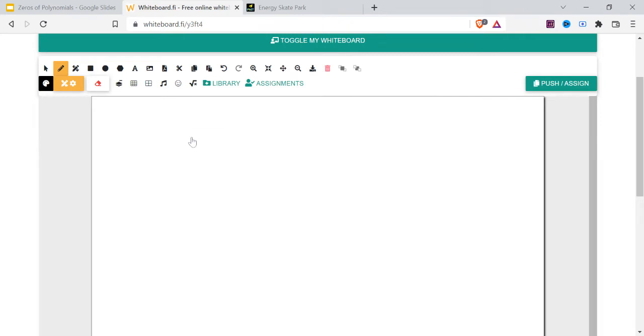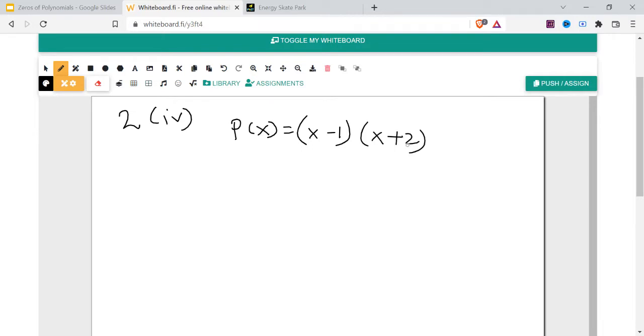Now, the second question, fourth part, was p of x equals (x minus 1)(x plus 1). From the previous videos or from class 8, you can see this equation is in the form of factors. This is factor 1, this is factor 2.